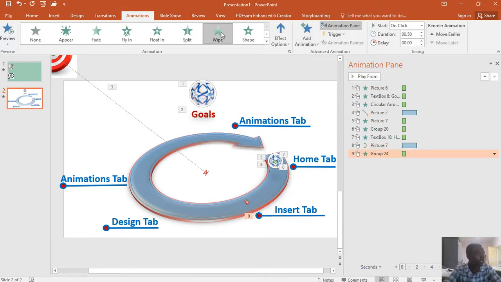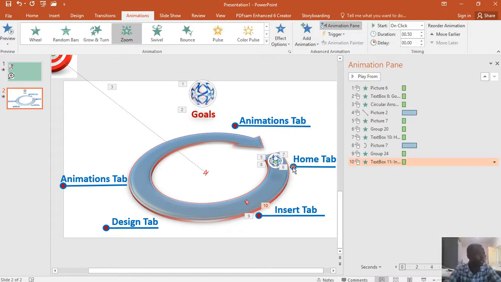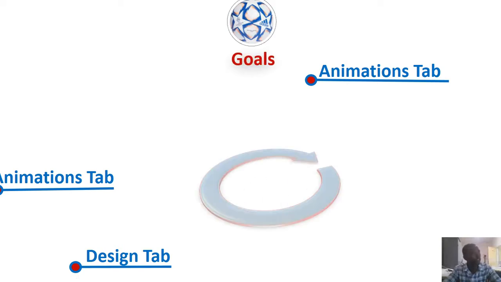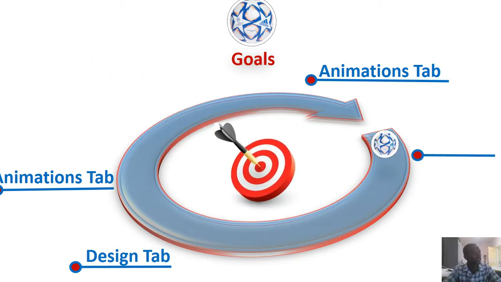We wipe it in this direction, and then we have our text zoom in, add animation, zoom it in, we test our slide. You see all those that we are adding animations, they disappear, but they will appear later, right? Goals, then we have that, that, that, that.